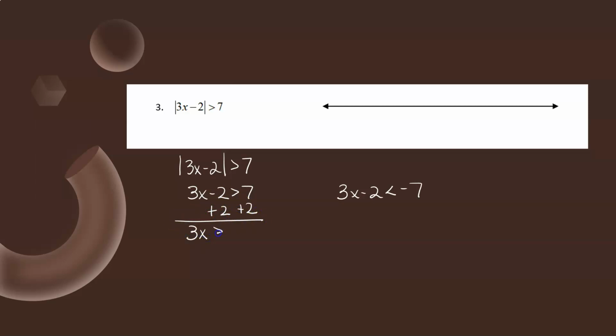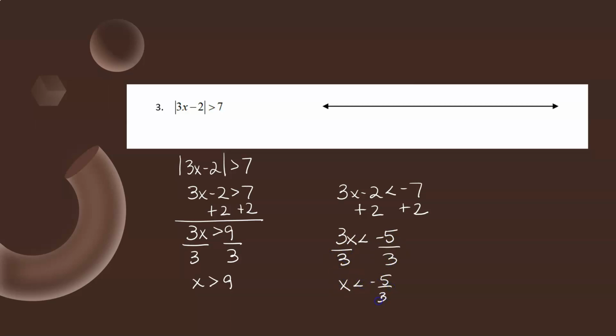So I have 3x is greater than 9. Divide by 3, x is greater than 9. I'm going to add 2 to each side here. So this time I have 3x is less than -5. When I divide by 3, I have x is less than -5.